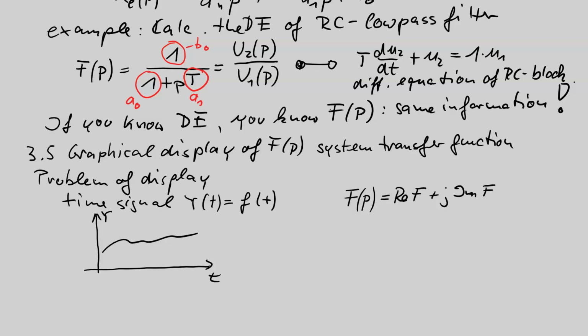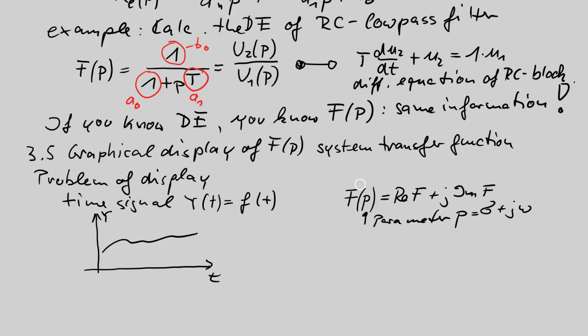And the second thing is the parameter. In opposite to time, which is one real number, the parameter p is also a complex value. So we have a real part sigma and an imaginary part omega.